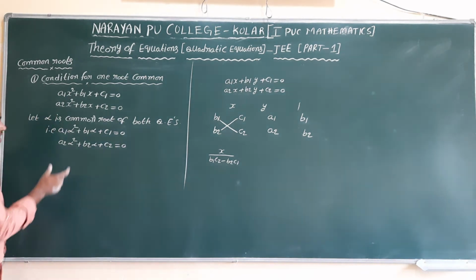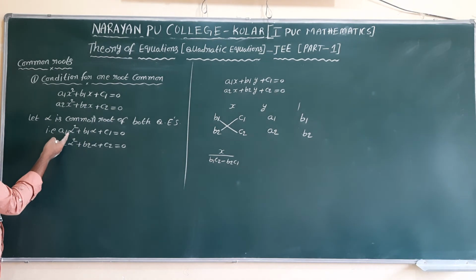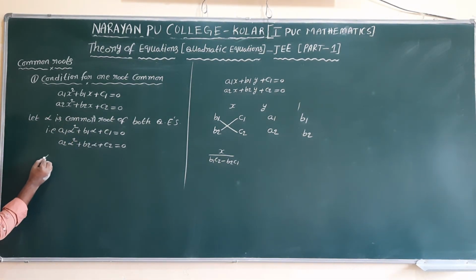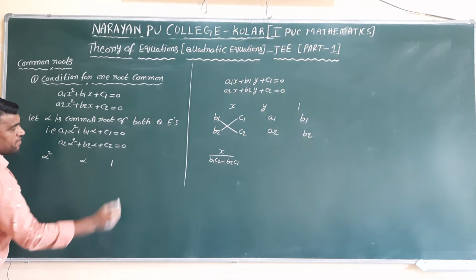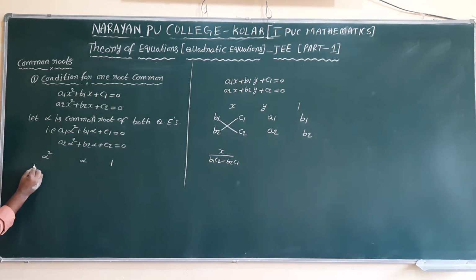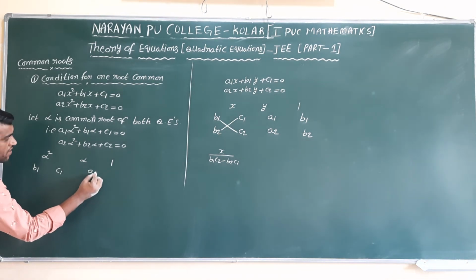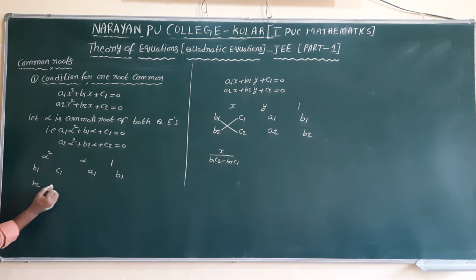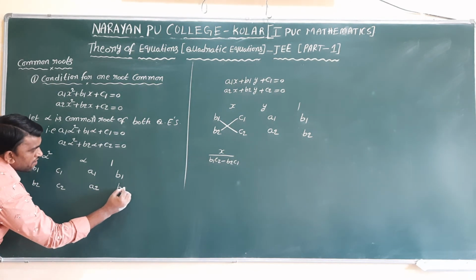In the same manner, here alpha square and alpha are in place of x and y. So the same procedure we can apply here: alpha square, alpha, 1. The middle term, alpha coefficient, is b1, c1, a1, again b1. Next b2, c2, a2, again b2.